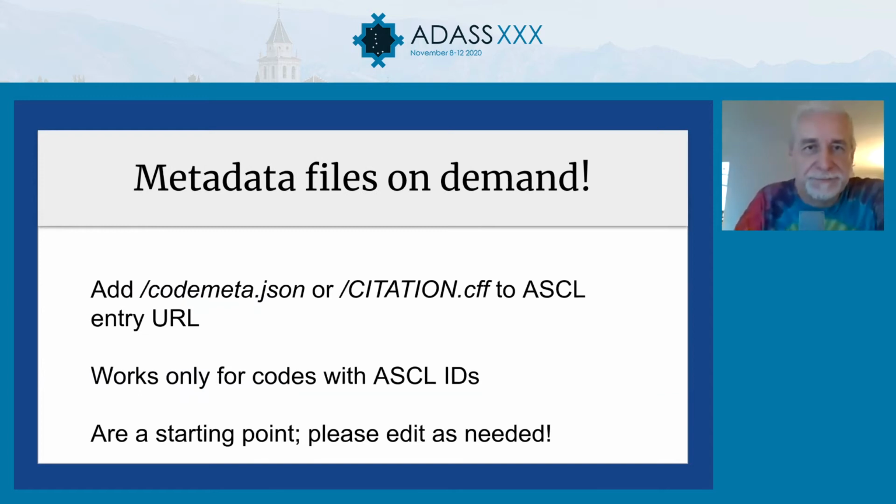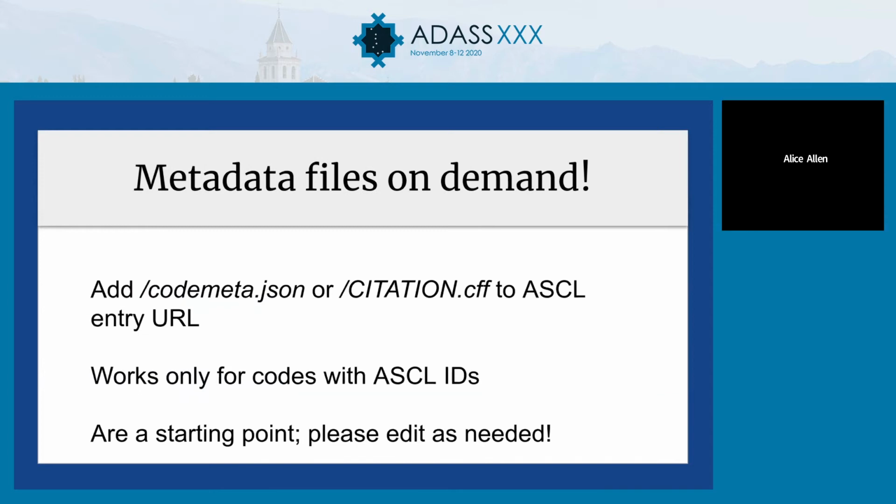Okay, here we are. So these are metadata files on demand. All you have to do is add /codemeta.json or /citation.cff to an ASCL entry URL. This works only for codes that we've accepted, and it works only on the numbered URLs, the ones that have the ASCL ID embedded in the URL.